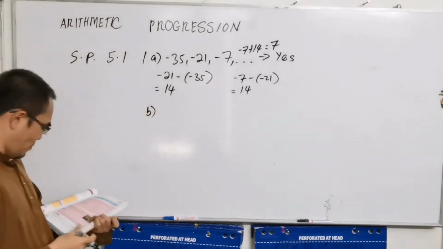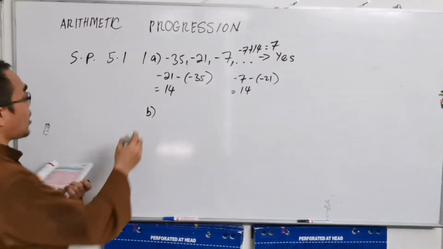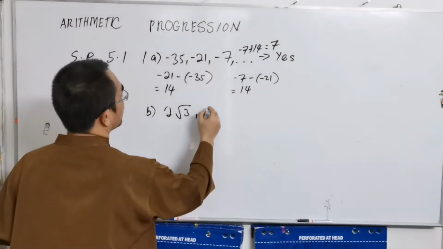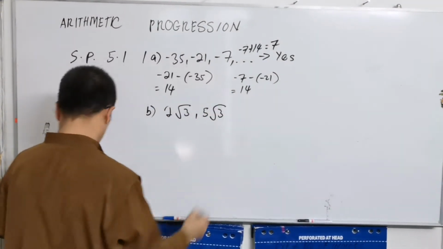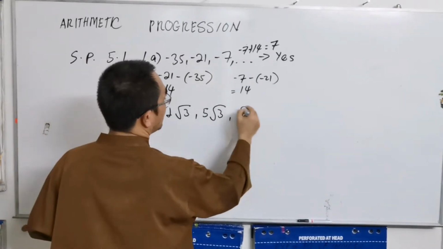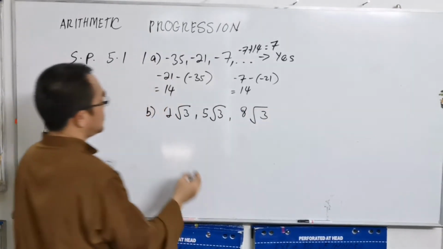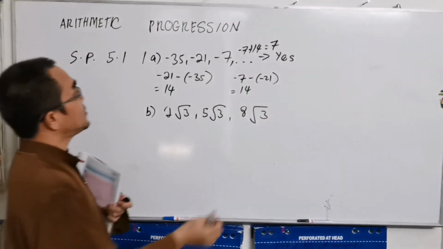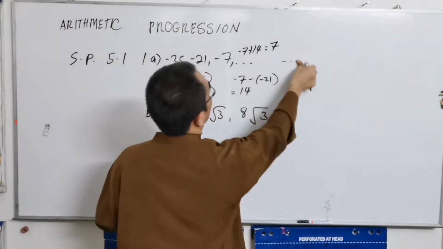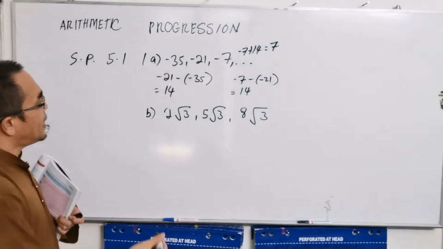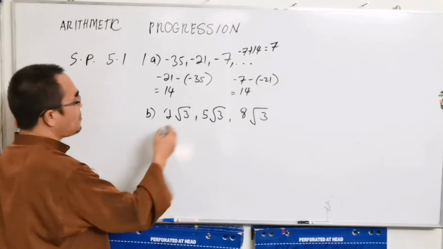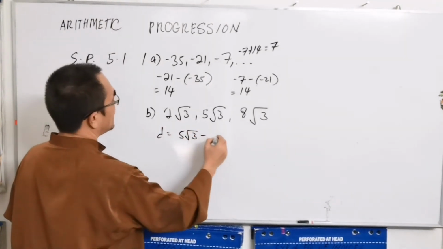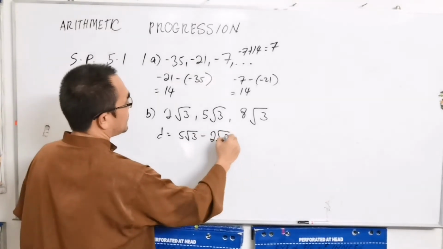B: 2 square root of 3, then 5 square root of 3, and then 8 square root of 3. There is no yes or no here, just how to find it. The common difference will be 5 square root of 3 minus 2 square root of 3.